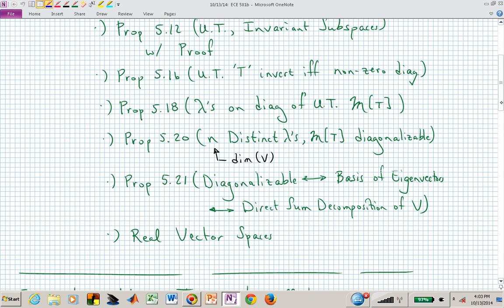And as I said, we have some results with real vector spaces that are not as inclusive as complex vector spaces, because we've seen examples of even 2 by 2 matrices that don't even have eigenvalues for real vector spaces.